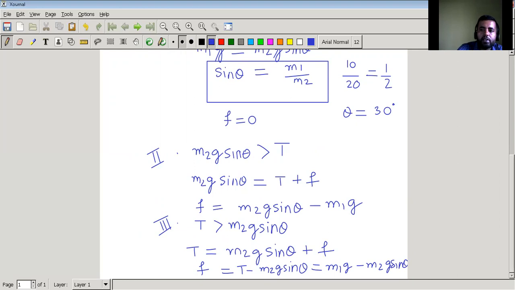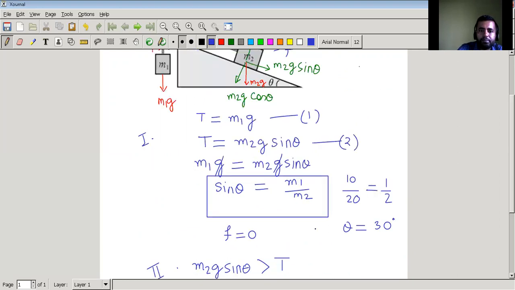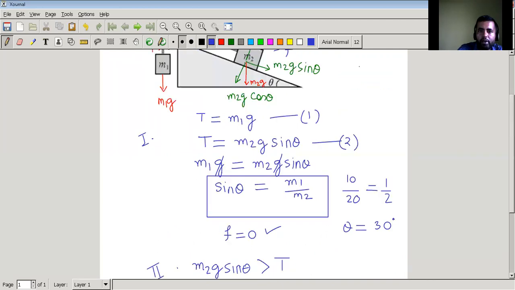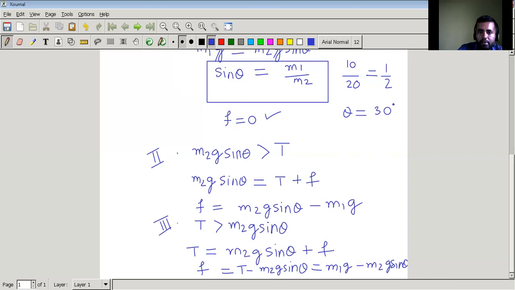In the first case it is adjusting its value to 0, in the second case it's pointing uphill, and in the third case it is pointing downhill. So we can conclude that friction is a self-adjusting force. It can be 0, it can be up, it can be down, it adjusts its value.